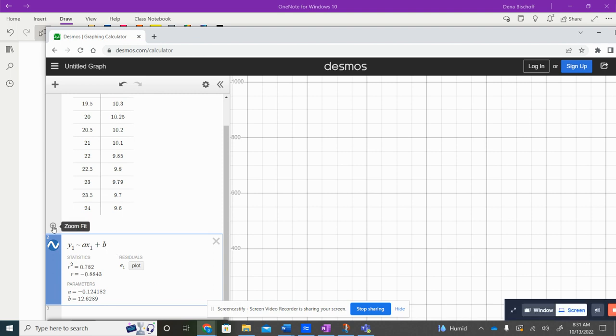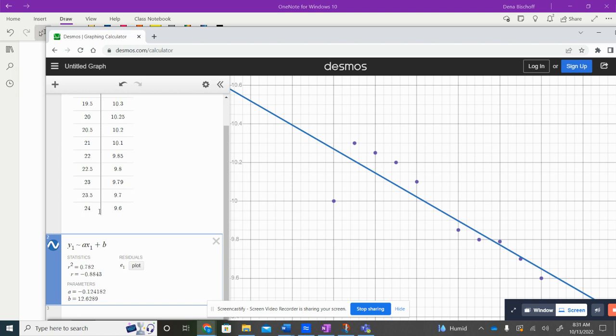So I'm going to hit the little magnifying glass button. I'm going to write my equation. Let's see. Does this have a strong positive, strong negative? What kind of correlation is going on here?